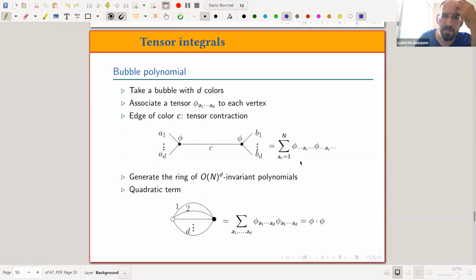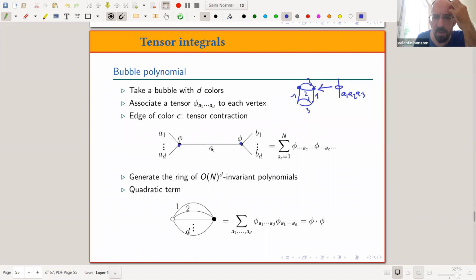It works like this. So if you take a bubble with d colors, like this one, colors 1, 2, 2, 3, 1, 3. And to each vertex, we associate a tensor phi with indices A1, A2, A3. Okay? And for each edge of color C, we associate a tensor contraction like this. So you have 2 phis here and here.